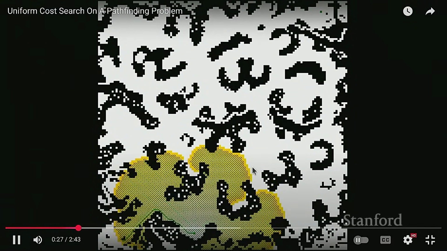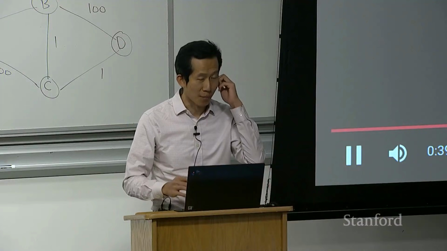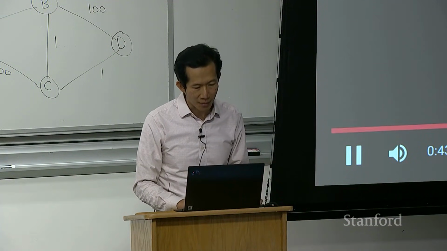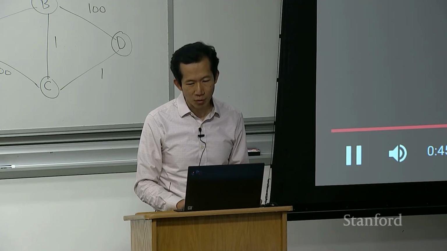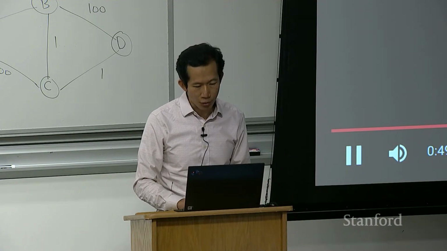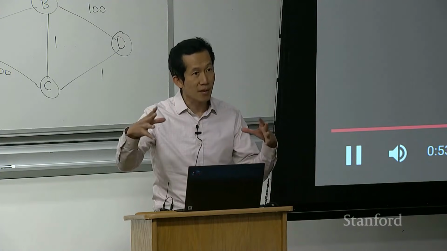Okay? So as you run uniform cost search, you can see why it's called uniform cost search: it's expanding out uniformly from the origin or the start state. Because uniform cost search doesn't really know anything about where the end is. It's just uniformly trying to find states that are close to the start state.